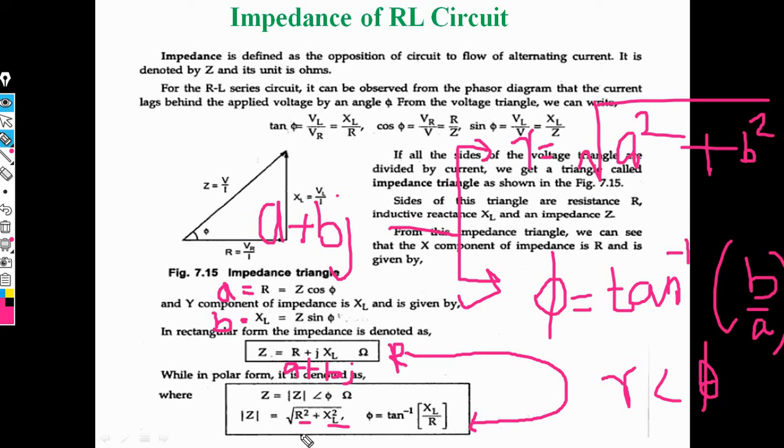R is the square root of R square plus XL square, and phi is tan inverse of B upon A, where XL is the value of B and R is the value of A.